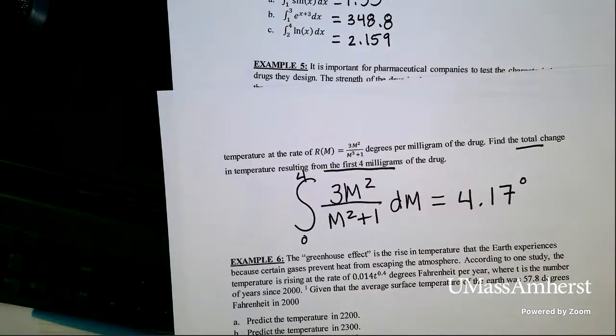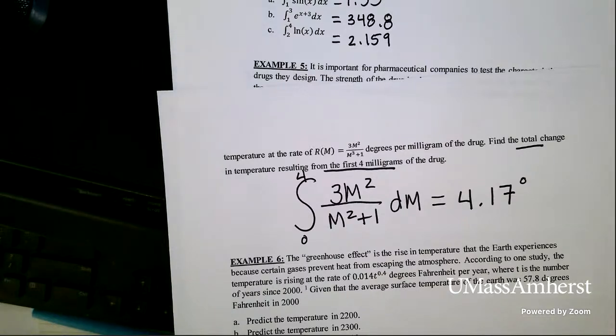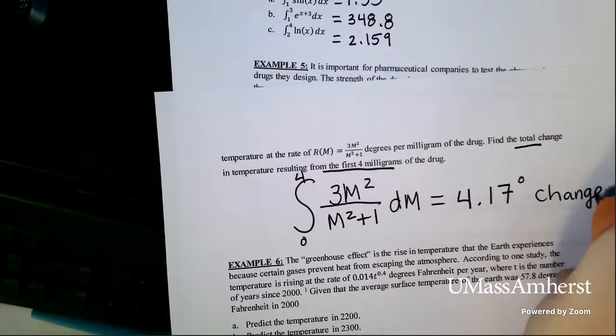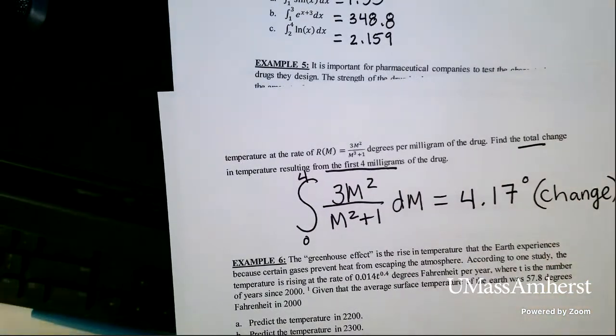Now, if we knew that their temperature was 100 degrees, we could say, okay, well, now it's 104.17, right? If we had an initial value to add it to, we could figure it out. But what this tells us is the change in the original function, not the value of the original function. So that's something we always have to keep in mind as we're computing this area under the curve.